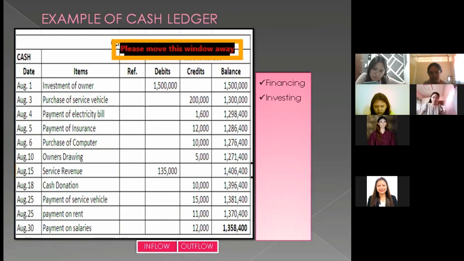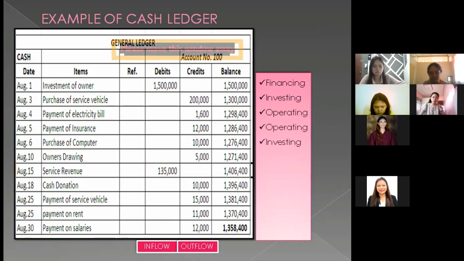Payment of electricity bill, operating. Payment of insurance, operating. Purchase of computer, investing. Owner's drawing, financing. Service revenue, operating. Cash donations, operating.